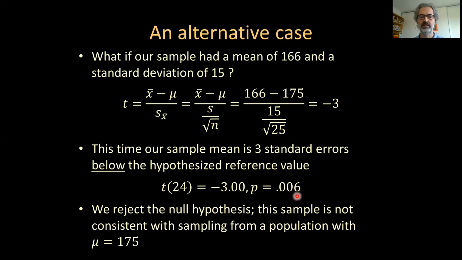When we say it's not consistent, this reflects our criterion for rejecting the null hypothesis. So if the p-value is less than alpha, we conclude that our sample does not come from this population by essentially saying that this is such a low probability that we prefer to not consider this hypothesis and to reject it. And so conclude that our sample must in fact have come from a different population.